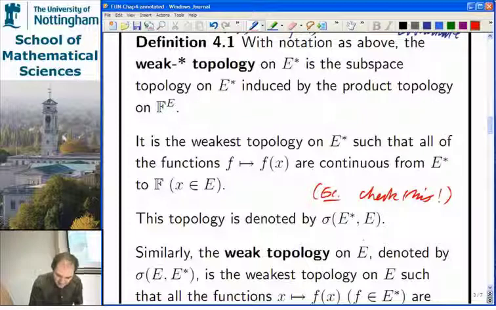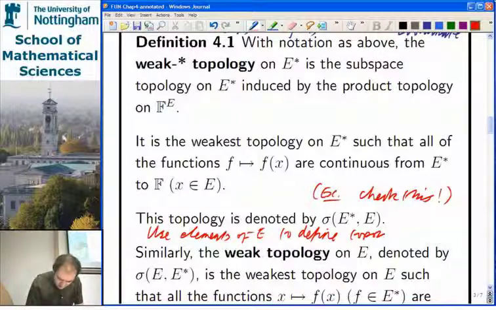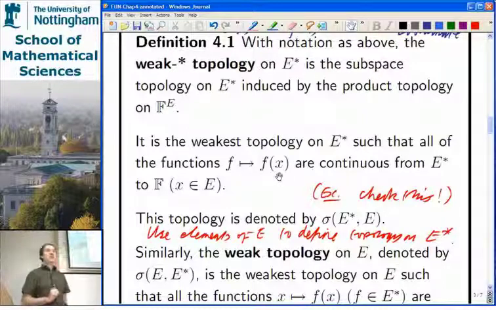So this is using the elements of E to define a topology on E star. In this way, for each x in E, you've got a coordinate projection.